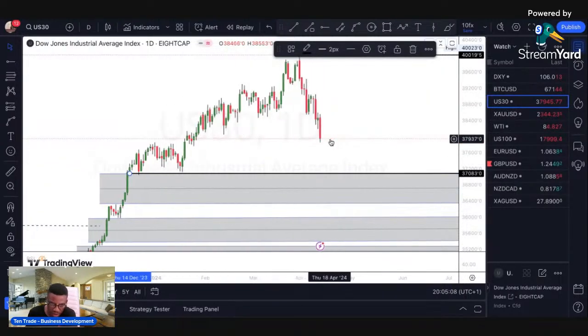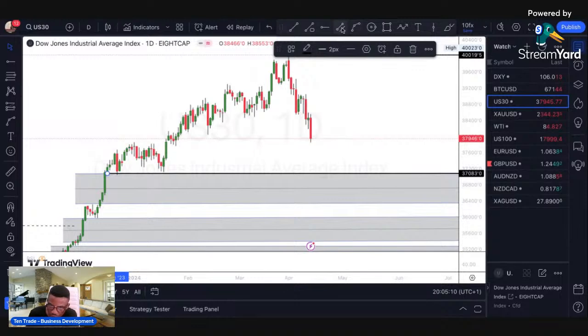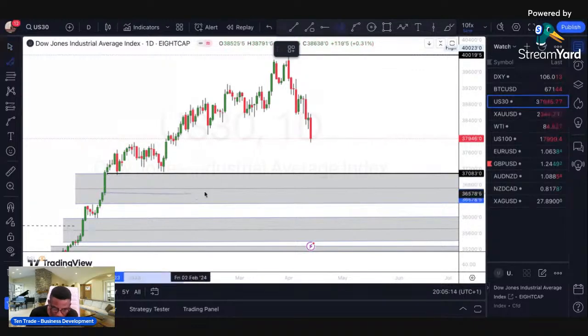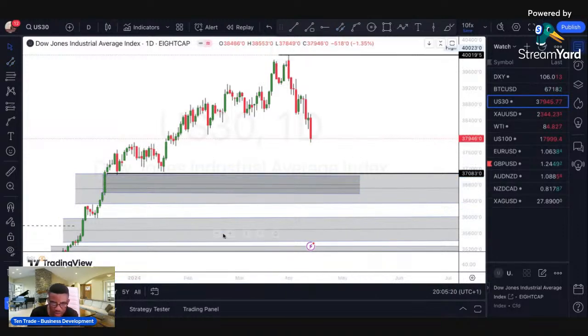Yes, look at it, because we have another imbalance inside of it. Here, a daily imbalance, like this. Look under it again, we have another imbalance.